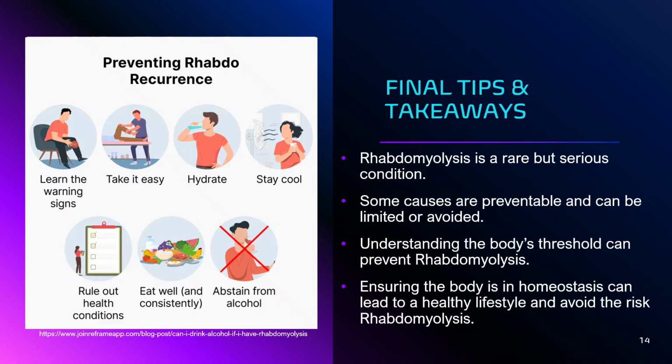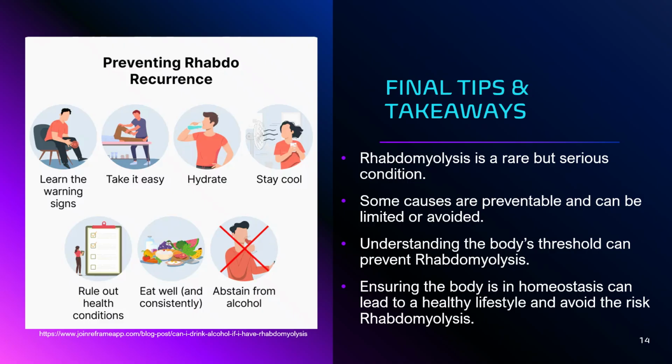Although rhabdomyolysis is a rare condition, it is very serious and can be life-threatening if not recognized, treated immediately and properly. Some causes of rhabdomyolysis are unpreventable, for instance, natural disasters or certain genetic disorders. However, some causes, such as substance abuse, can be limited or avoided.